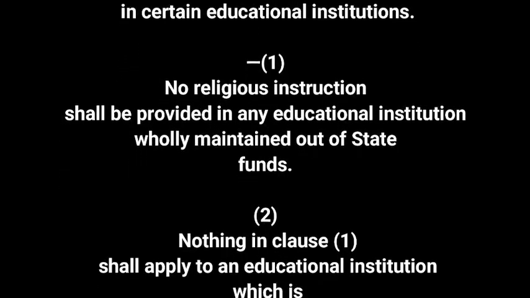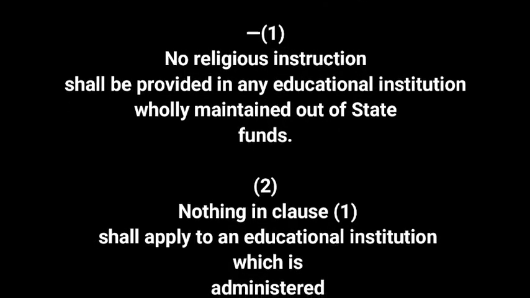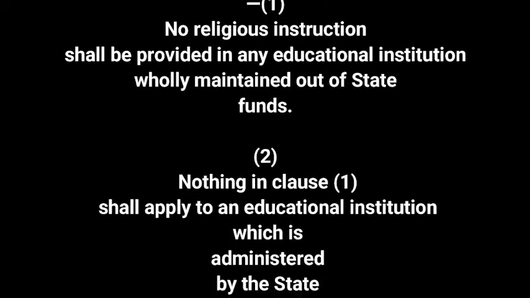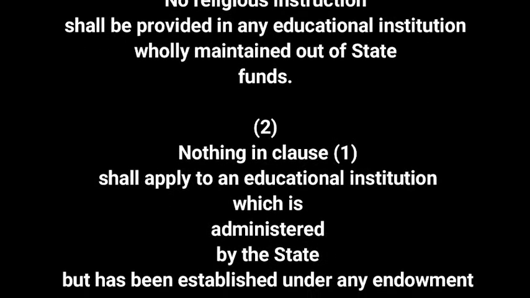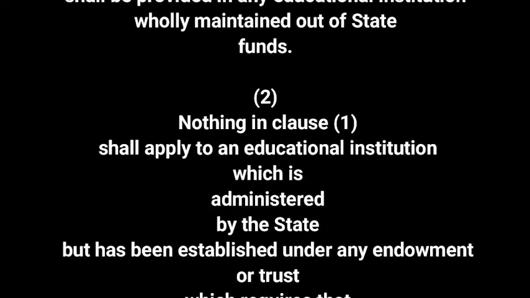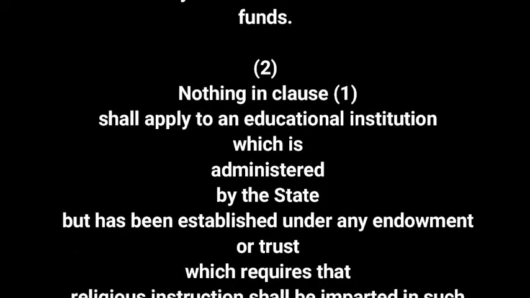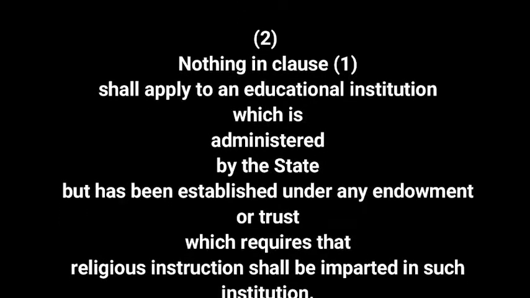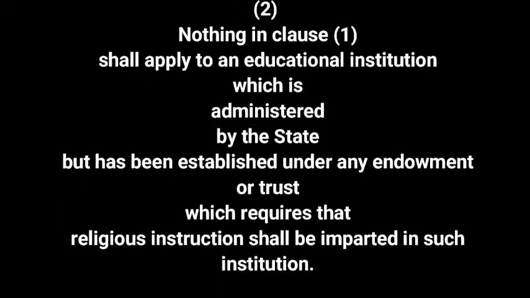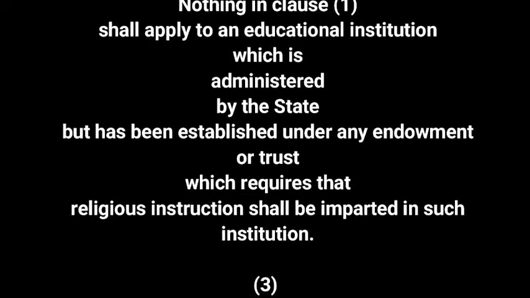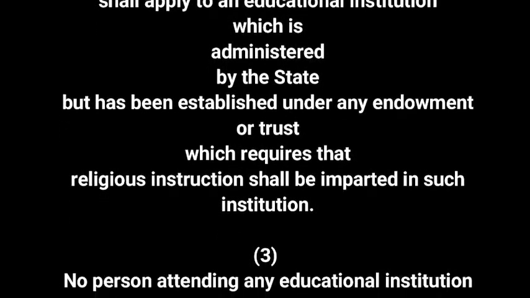2. Nothing in Clause 1 shall apply to an educational institution which is administered by the state, but has been established under any endowment or trust, which requires that religious instruction shall be imparted in such institution. 3.